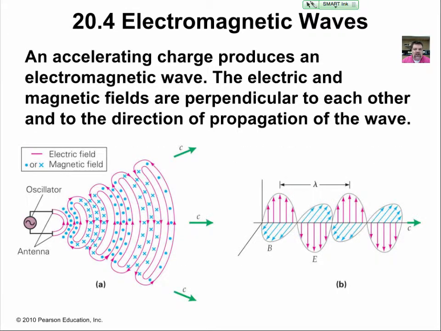An accelerating charge produces an electromagnetic wave. The electric and magnetic fields are perpendicular to each other, and the direction of propagation of the wave looks like this. Here is an example of a broadcast antenna.